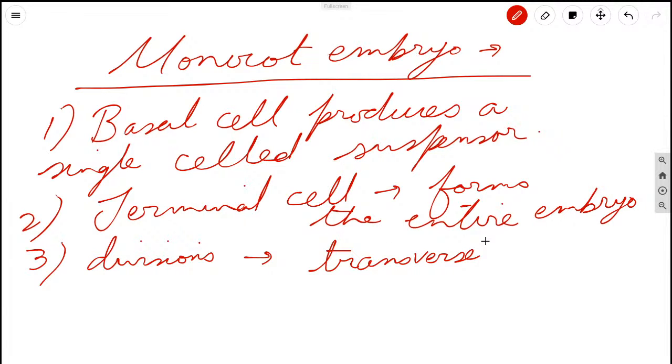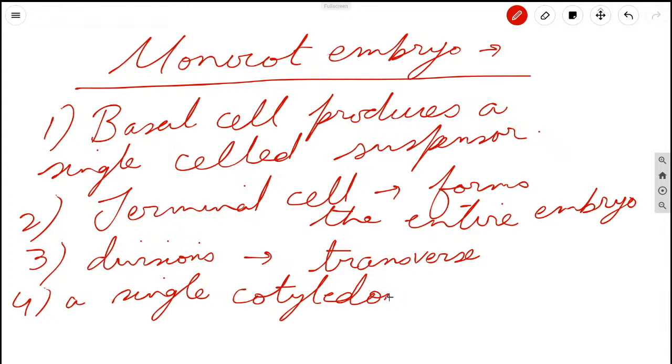That is one difference. Another one is, if you see, there is only a single cotyledon. A single cotyledon is only present, right?